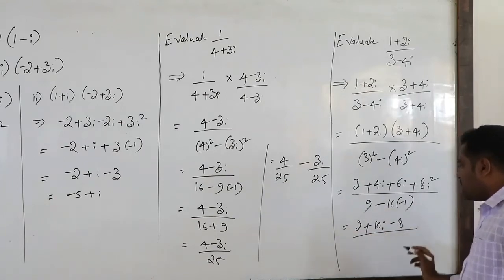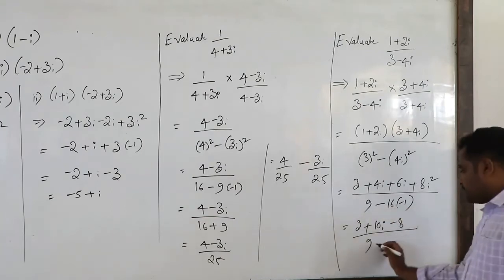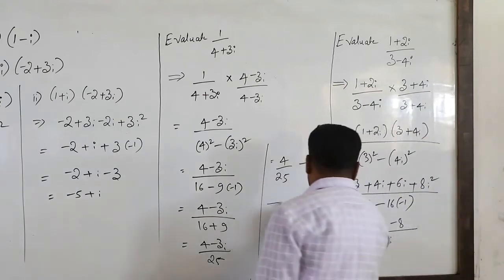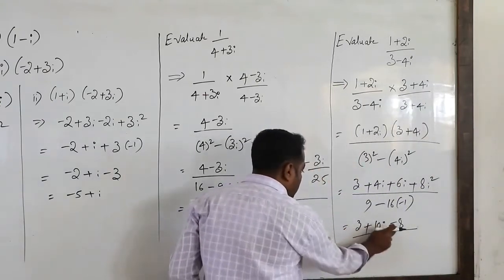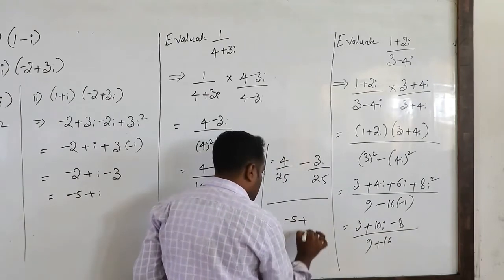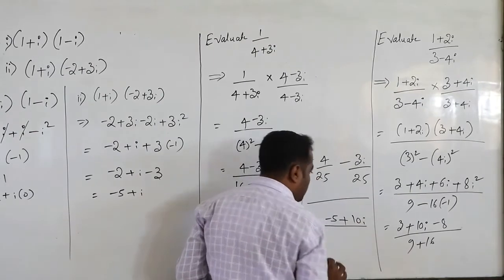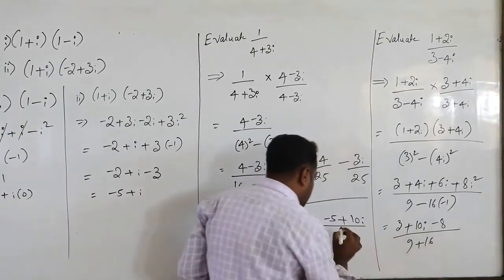Whole divided by 9, minus into minus plus 16. So 3 minus 8, minus 5, plus 10 times i, whole divided by 9 plus 16, 25.